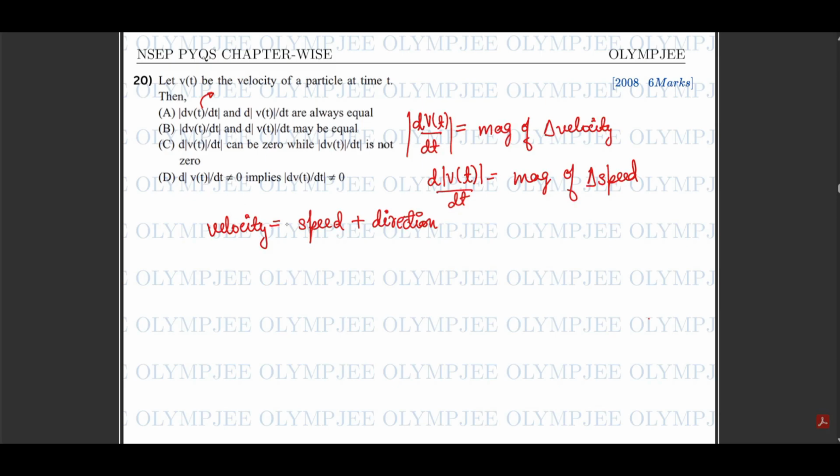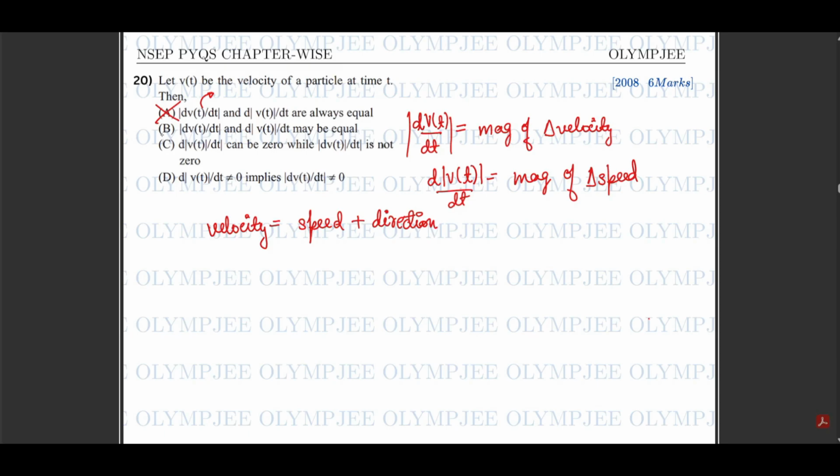This is not true, because if the speed is changing and direction is also changing, then rate of change of velocity is not equal to rate of change of speed, because rate of change of direction is added to velocity. So option A is wrong. And option B says that rate of change of velocity and rate of change of speed may be equal.